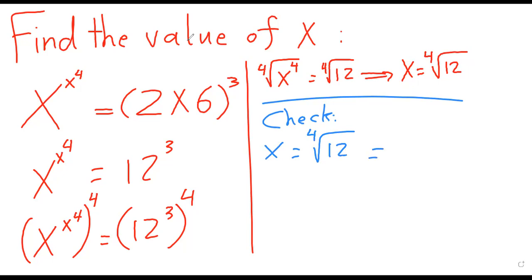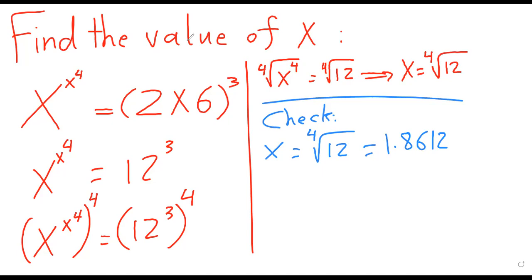There are a lot of numbers, so I'm just going to take 4 numbers after the decimal point. It equals 1.8612. That's enough.